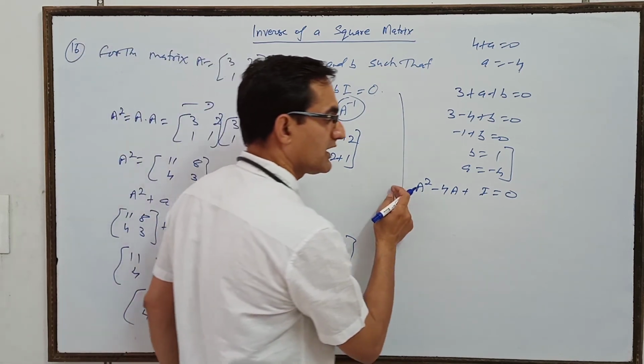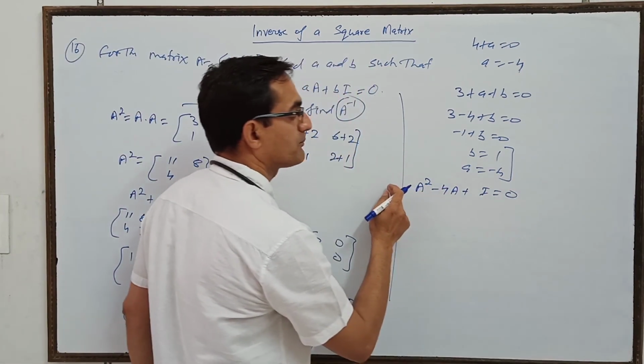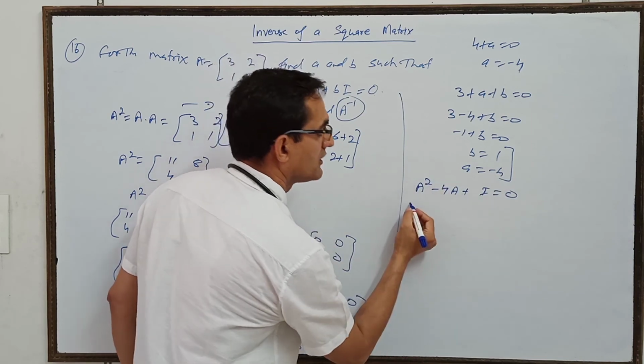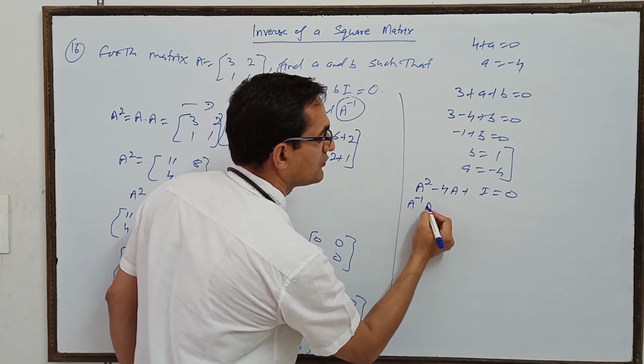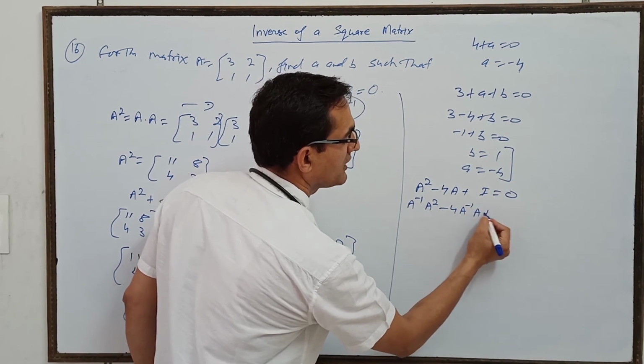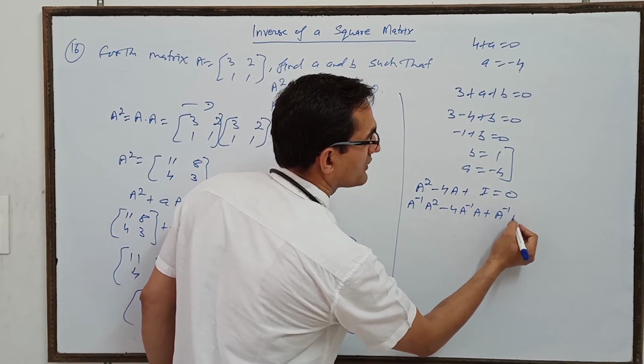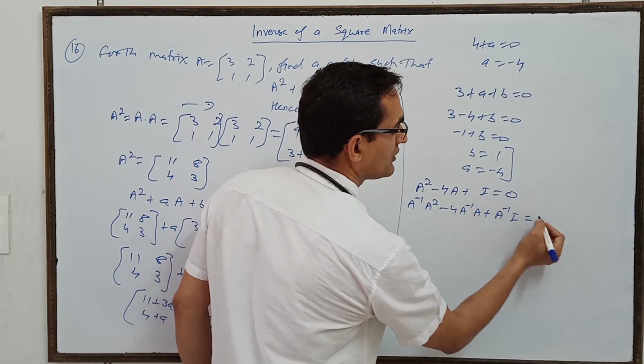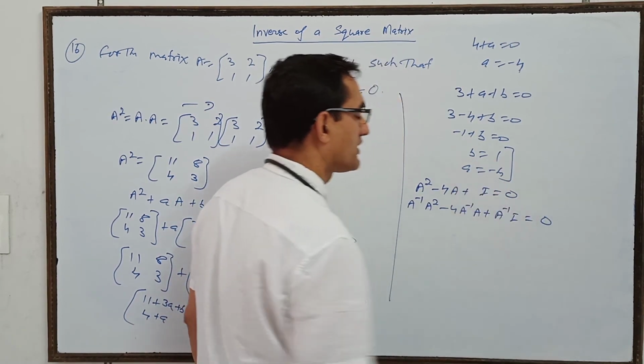Now multiply each term by prefix inverse of A. Inverse of A into A square, minus 4 into inverse of A into A, plus inverse of A into identity matrix, inverse of A into 0, 0 matrix.